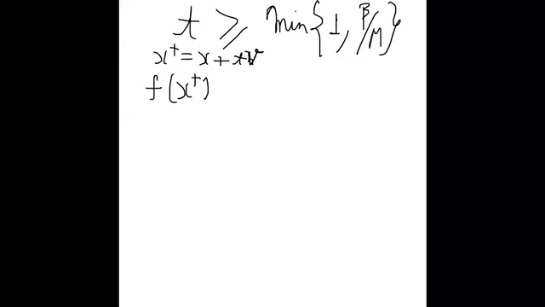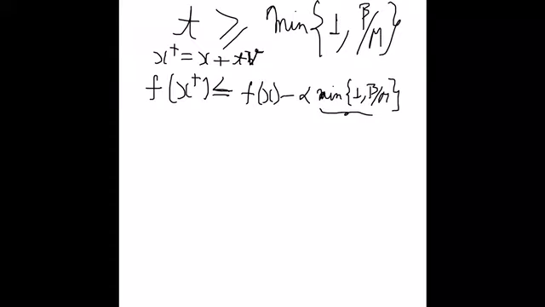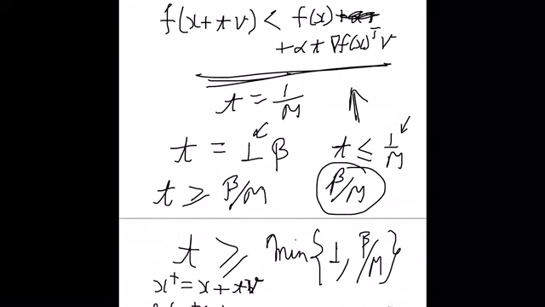So f of x plus is less than or equal to f of x minus alpha times the min of 1 comma beta by m, times the norm of gradient of f of x squared.